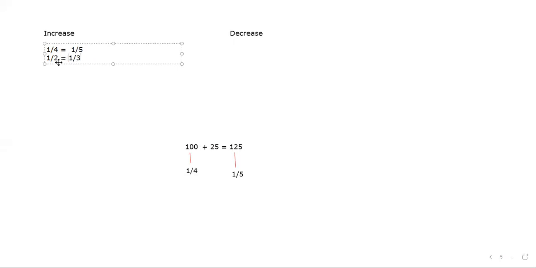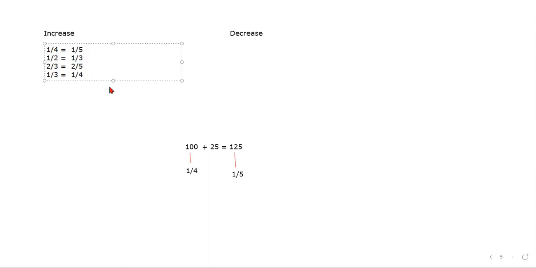So 1/2 of something will be equal to a 1/3 decrease of the increased figure. Similarly, if it is 2/3, that will be equal to a decrease of 2/5 of the new figure. If it is 1/3, that will be equal to a decrease of 1/4 of the new figure.